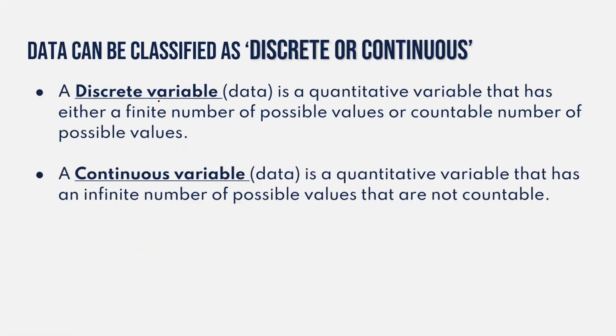A discrete data value or discrete variable is a quantitative variable that has either a finite number of possible values or a countable number of possible values. I like to think of discrete variables as counts of some type.